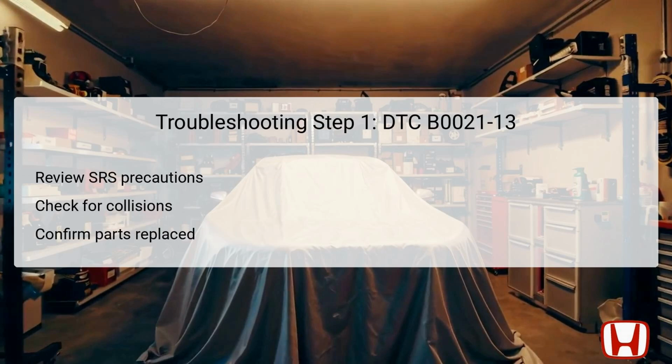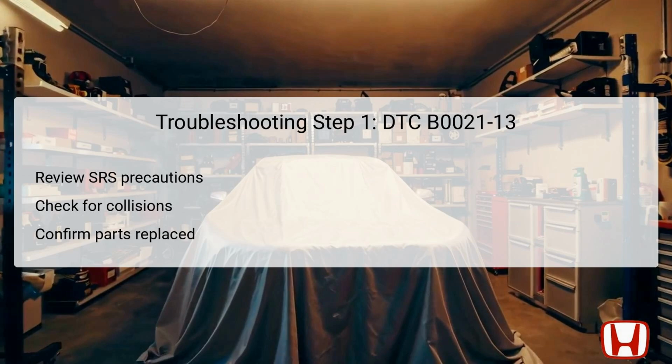The first step in troubleshooting DTC B0021-13 is to review the SRS precautions and procedures. This ensures that the technician is aware of the safety risks associated with working on the airbag system. Next, it is crucial to determine if the vehicle has been involved in any collisions, as prior impact could lead to damaged components.